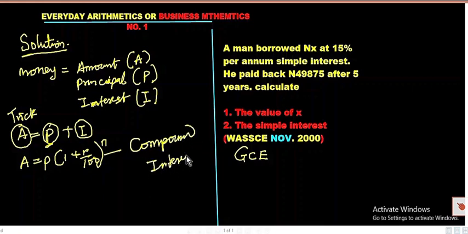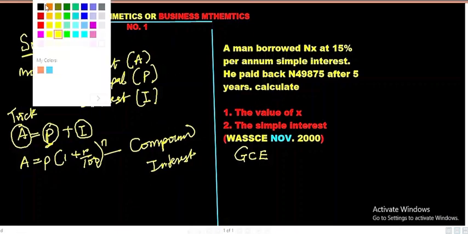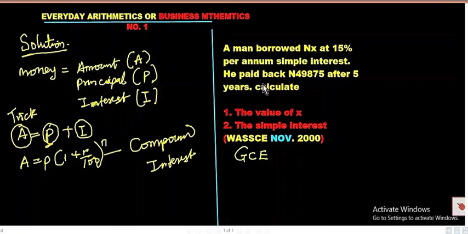Since this question is not about compound interest, it specifically made it clear that it is a simple interest, we are going to go with the formula for simple interest.